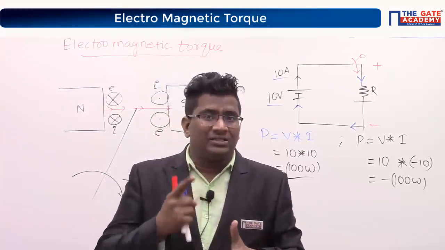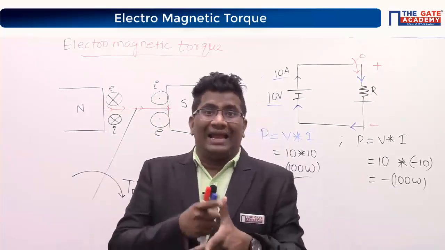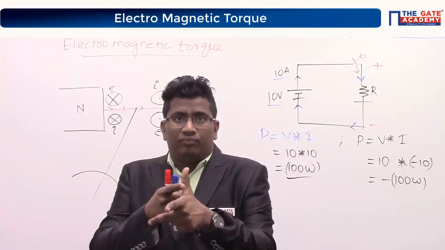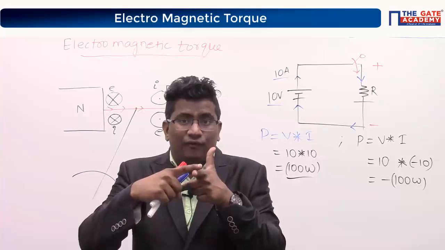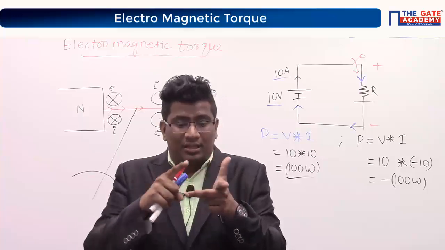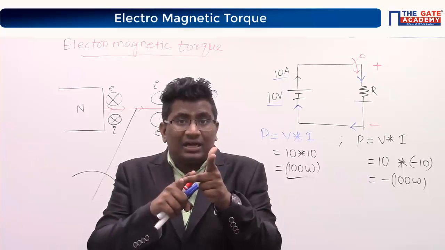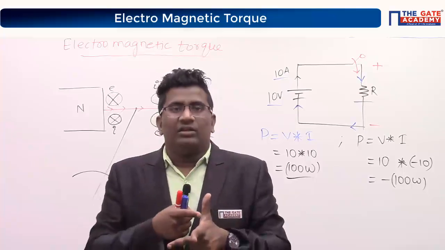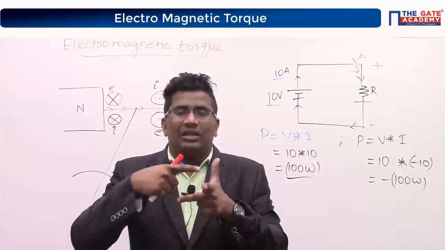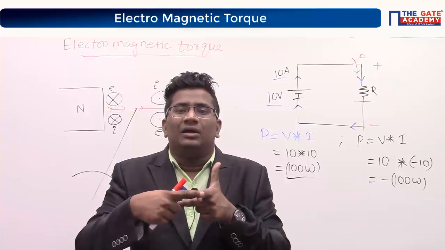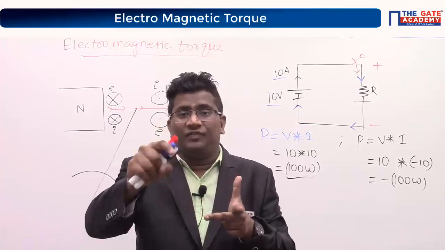The thumb indicates the force acting on the conductor. The pointing finger indicates flux direction. The middle finger indicates the direction of the current, right?